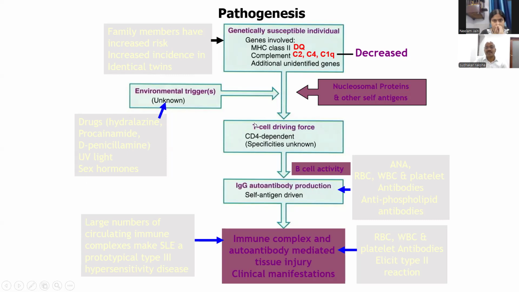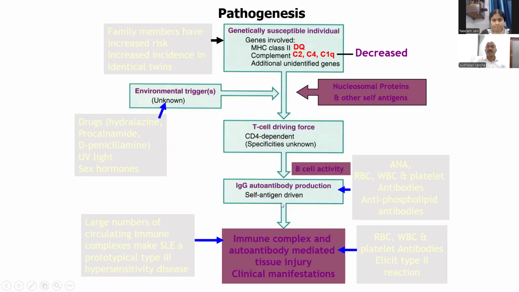T lymphocytes, to produce antibodies from the B cells. And these B cells will produce antibodies against the own antigens, leading to autoantibody production.